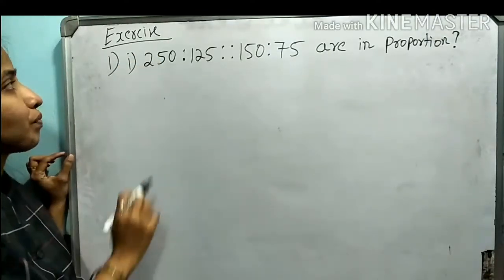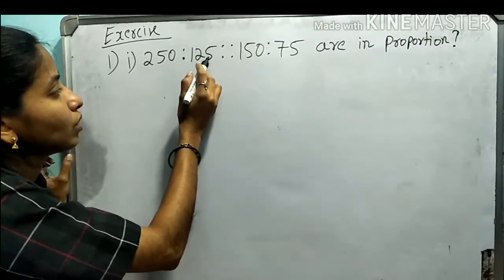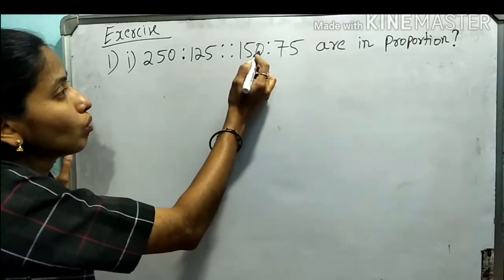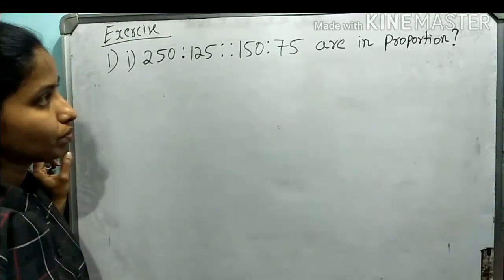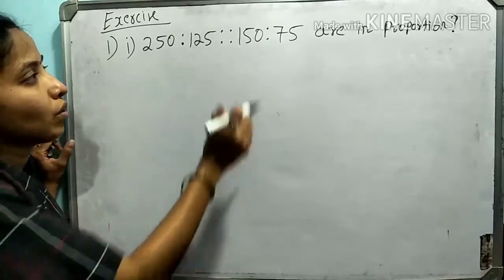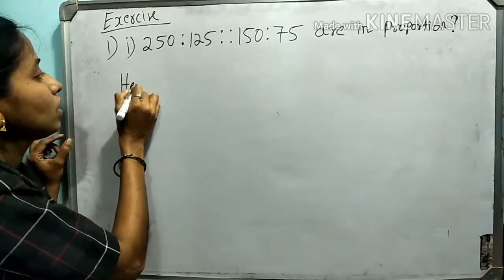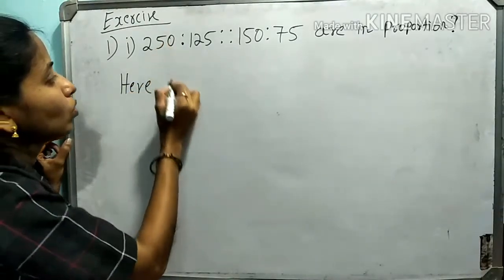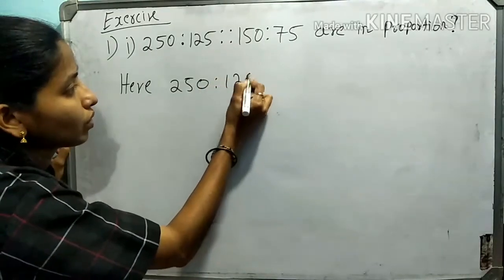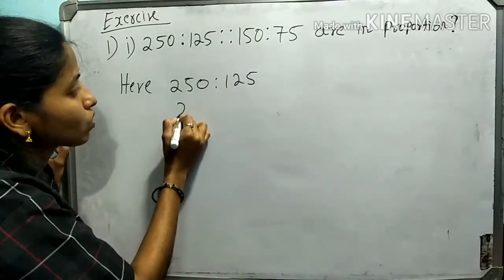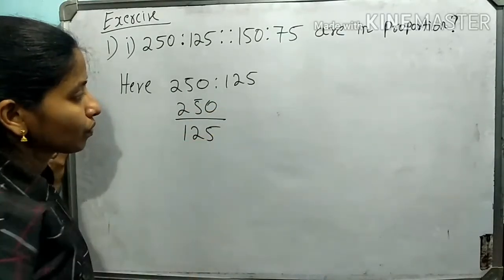Exercise first. In the first one, we have to find out whether 250:125 and 150:75 are in proportion or not. Here, 250:125 we can write as 250 divided by 125.